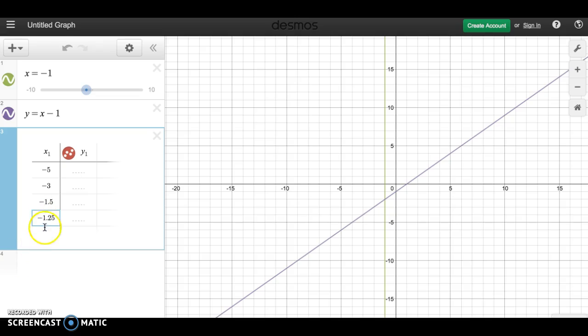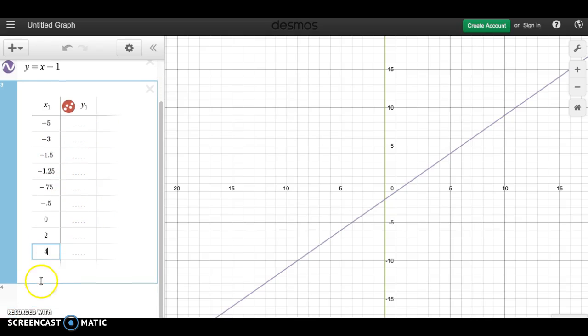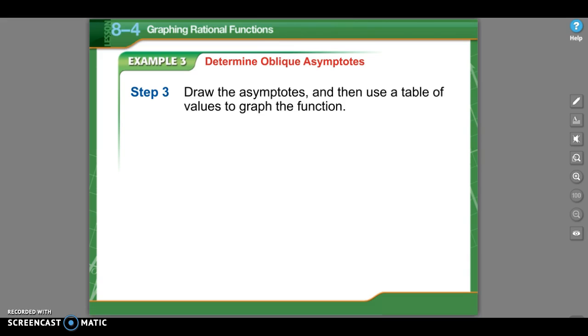I want to get pretty close to my asymptote so I can make sure I know exactly what's going on. Then I might pick negative 0.75 on the other side of the asymptote, negative 0.5. Maybe I'll pick 0, which is always a nice easy number to throw in. Then 2, 4, whatever.